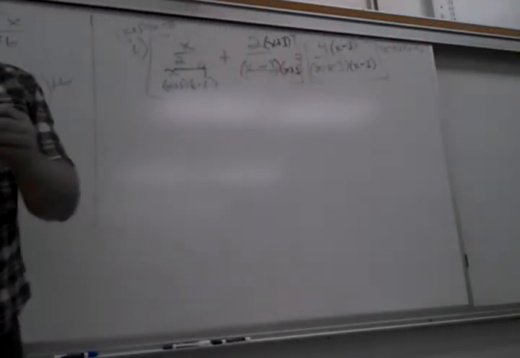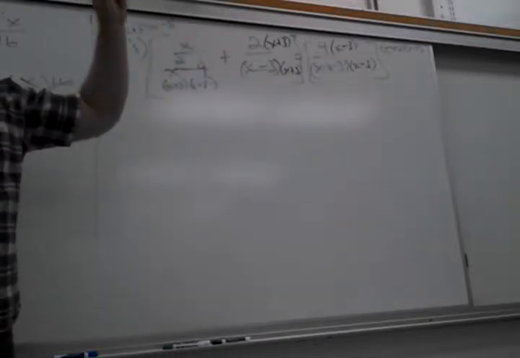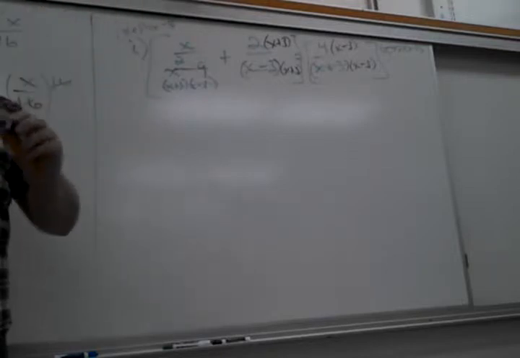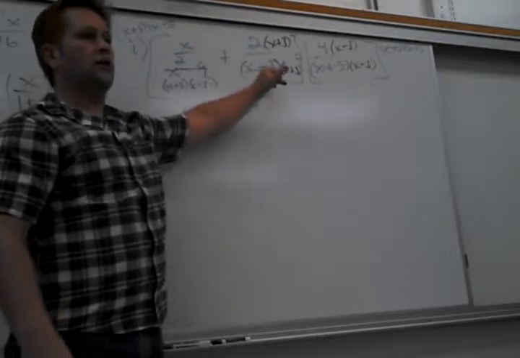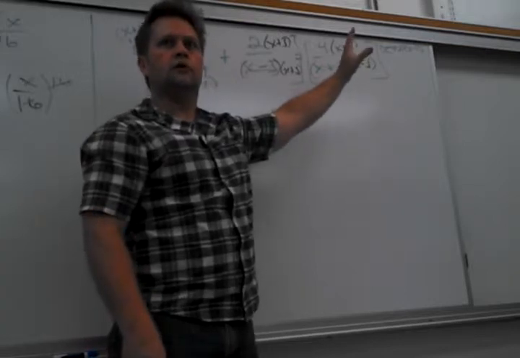Now, a quick question. From the very beginning, when I wrote that, what values of X was I not able to use? Can anybody see what would freak this guy out? X3. Yeah, X could not be 3, and X could not be negative 3, right?